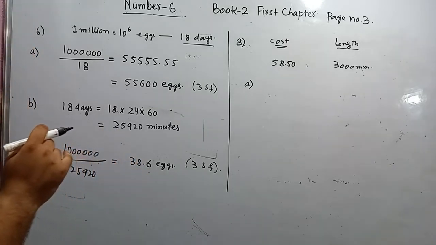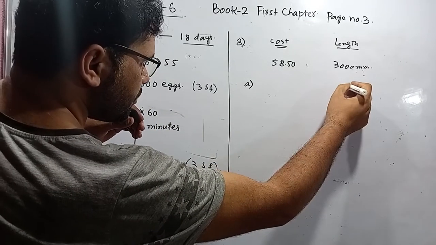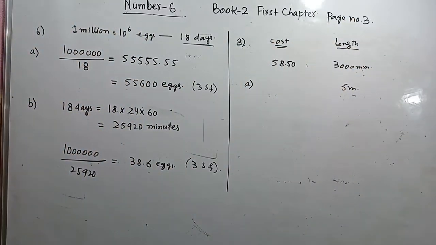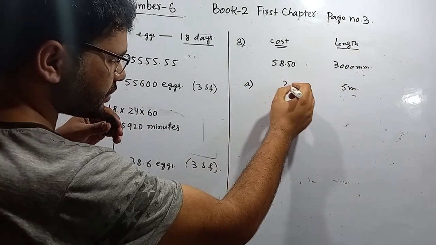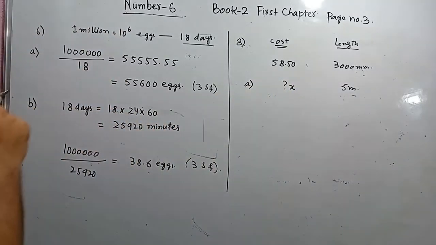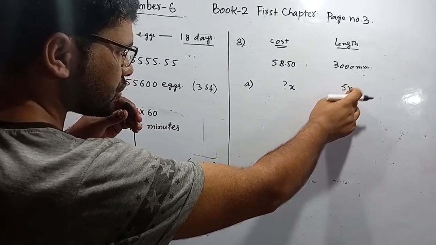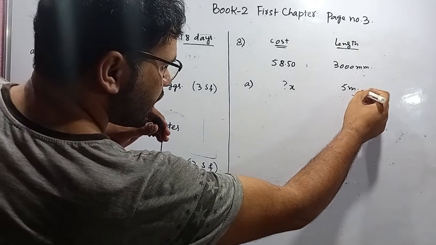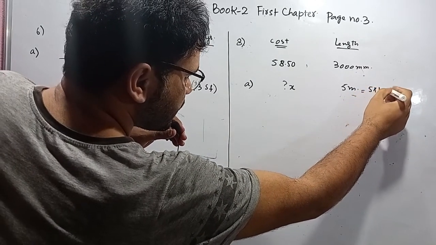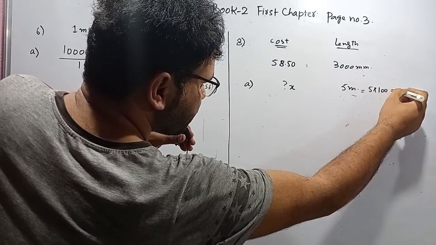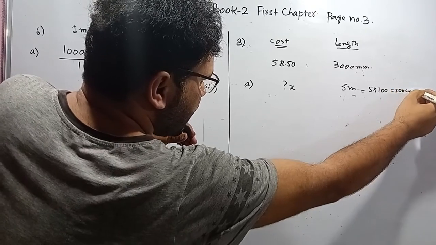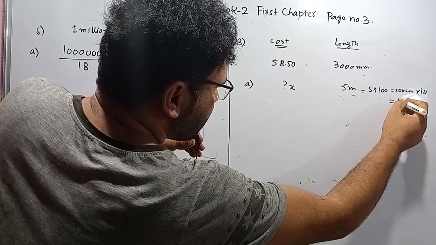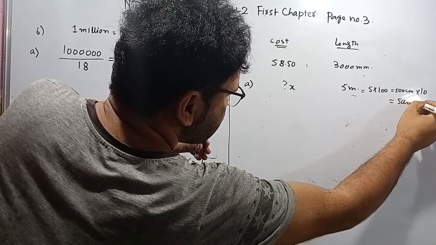So you can see here, this is 5 meter, and this value I need to find, let it be x. Since this is 5 meter, I want to convert it into mm. How to convert it? I will write 5 into 100, so that it will become centimeter. That's 500 centimeter. Then I will multiply by 10, then it will become 5000 mm.